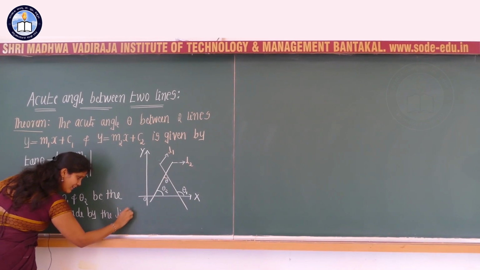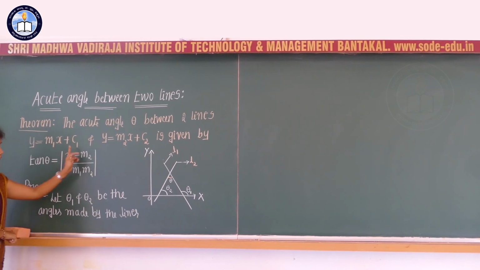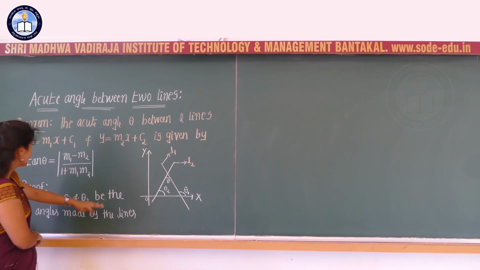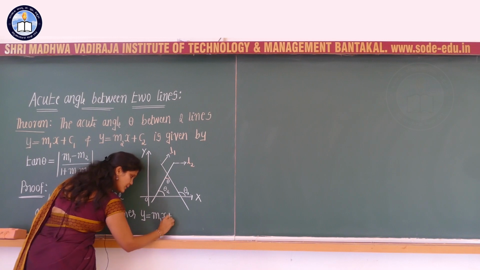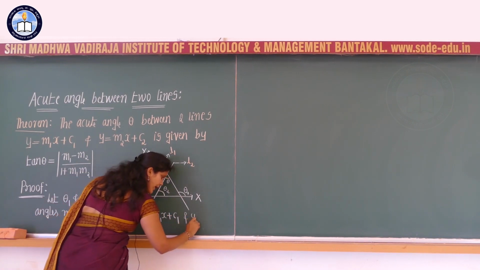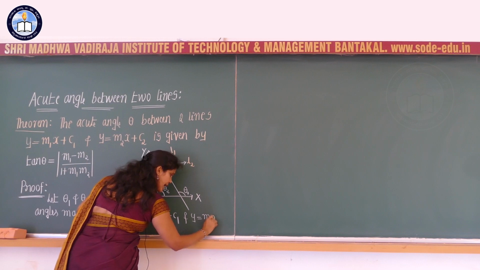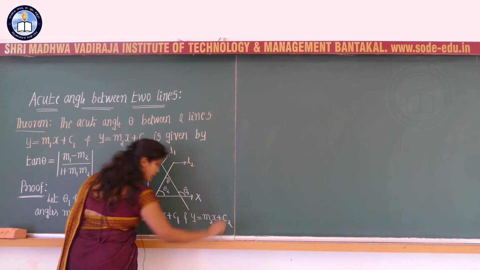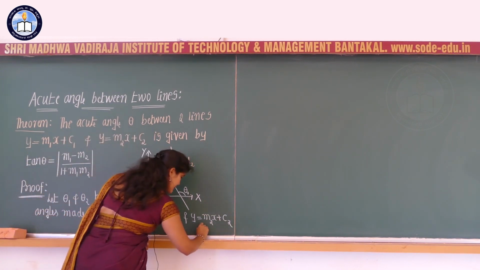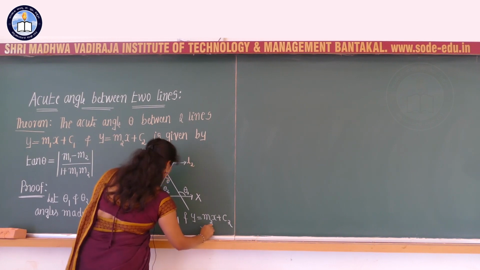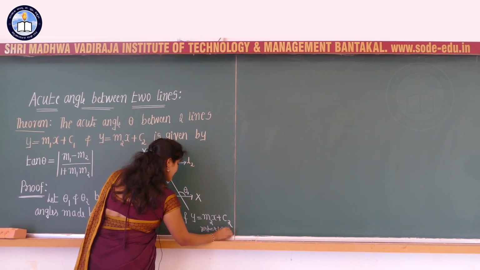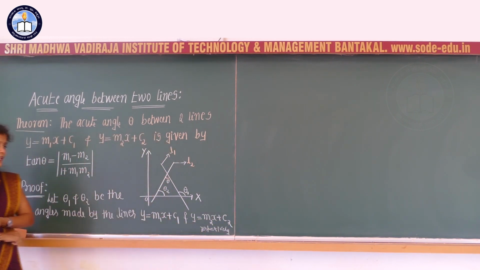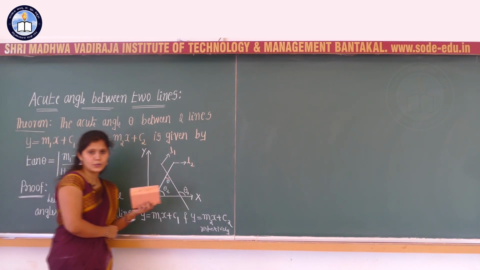Lines are nothing but L1 and L2, and we know the equations of L1 and L2. They are the angles made by the lines y is equal to m1 into x plus c1 and y is equal to m2 into x plus c2 respectively.